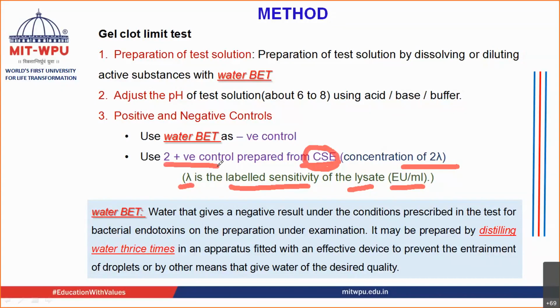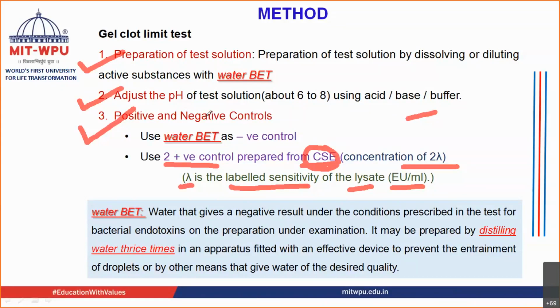There will be two positive controls, right? So you are going to first prepare the test solution, then adjust the pH, and have a positive and negative control. Then you are going to add your positive control to the blood containing amoebocyte lysate.